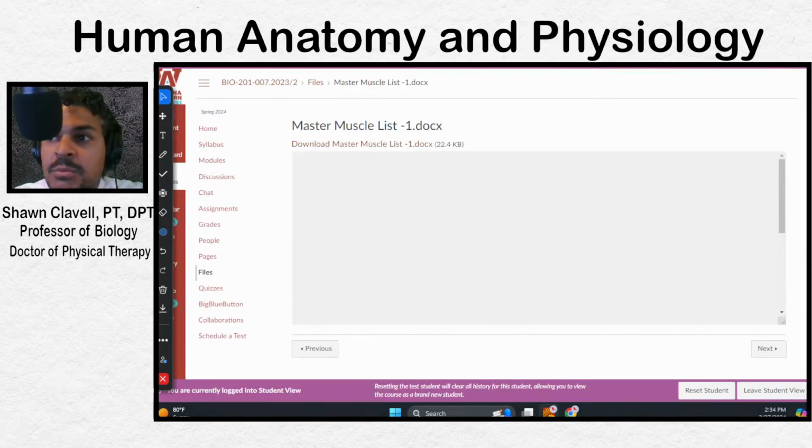The Muscle Master List is the list of muscles that you will be asked to identify, to use, to know, as it relates to the muscular system here in this semester. So the Muscle Master List, give it a second to download, right? But the Muscle Master List is where you find the list of muscles that you'll be asked to know. Again, origin, insertion, and action of each of these muscles.